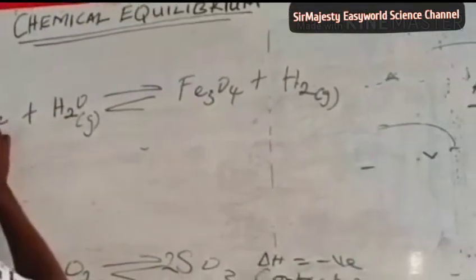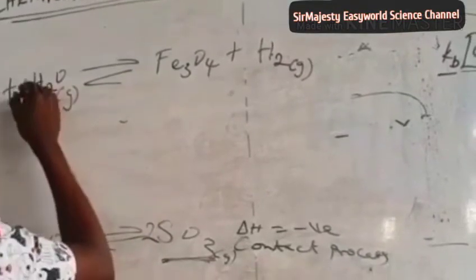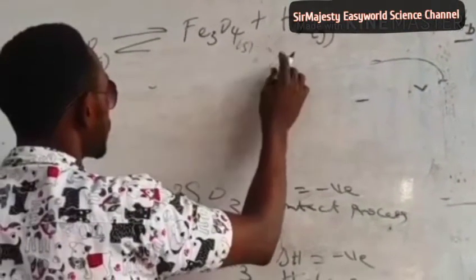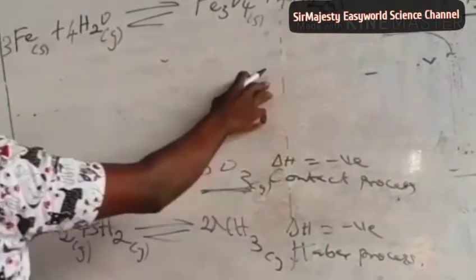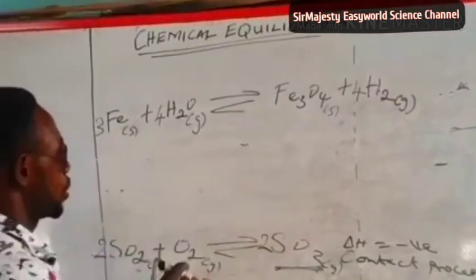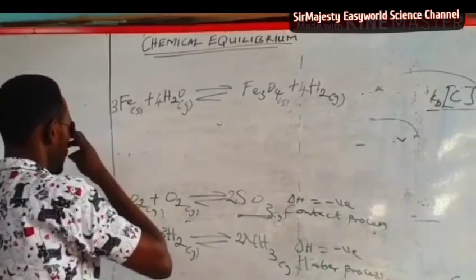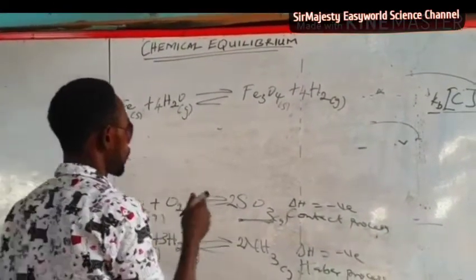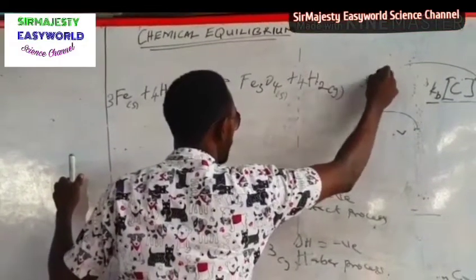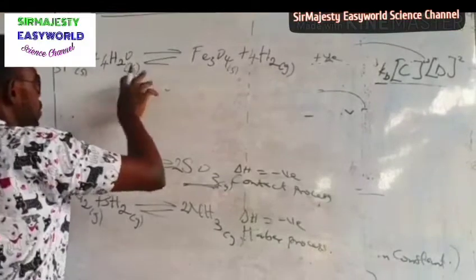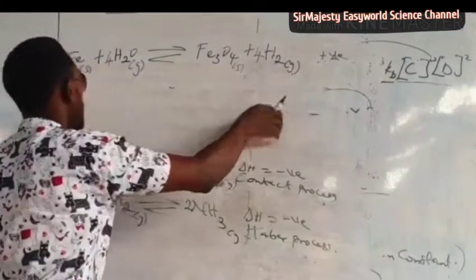Balancing the equation, you need to put 3 here, because of the 4 here, and 4 should be here. This is solid, and this is solid. That makes the equation balanced. This reaction is an endothermic reaction, so the change in heat should be plus. If you increase the temperature, there will be more yield of hydrogen gas.